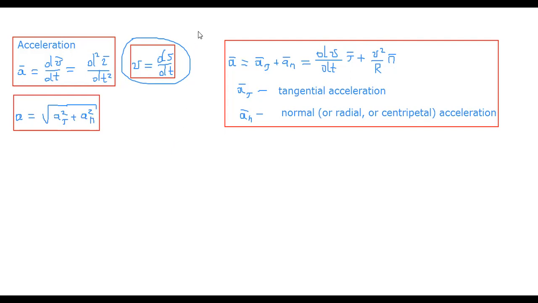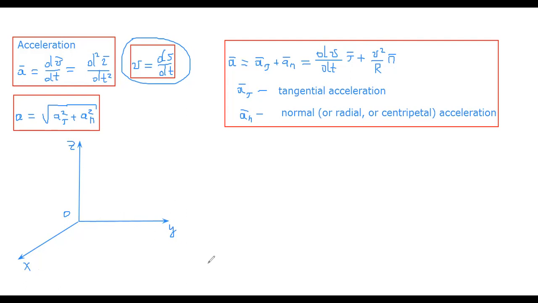And let's set a reference system, and the axis z of this system we will direct in the same way as the axis of rotation. So z is the axis of rotation of the rigid body. The axis of rotation is fixed now. It cannot be changed. x, y, z.